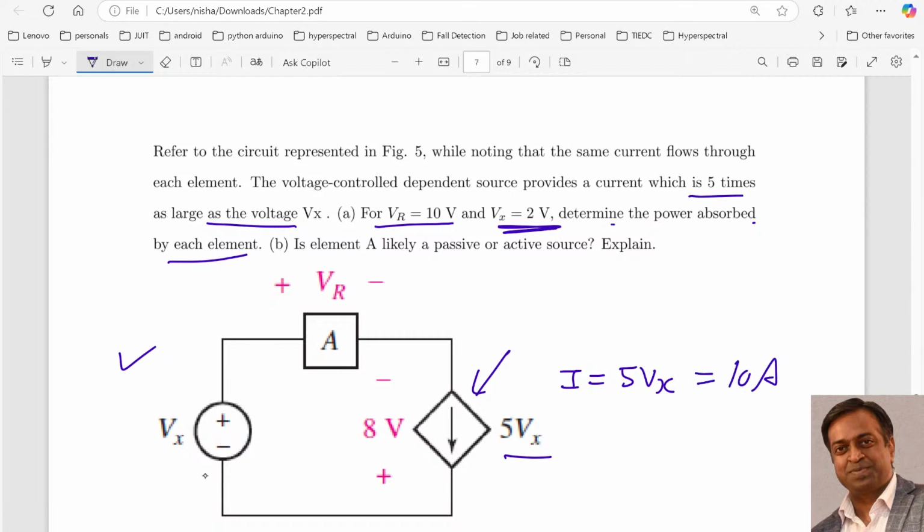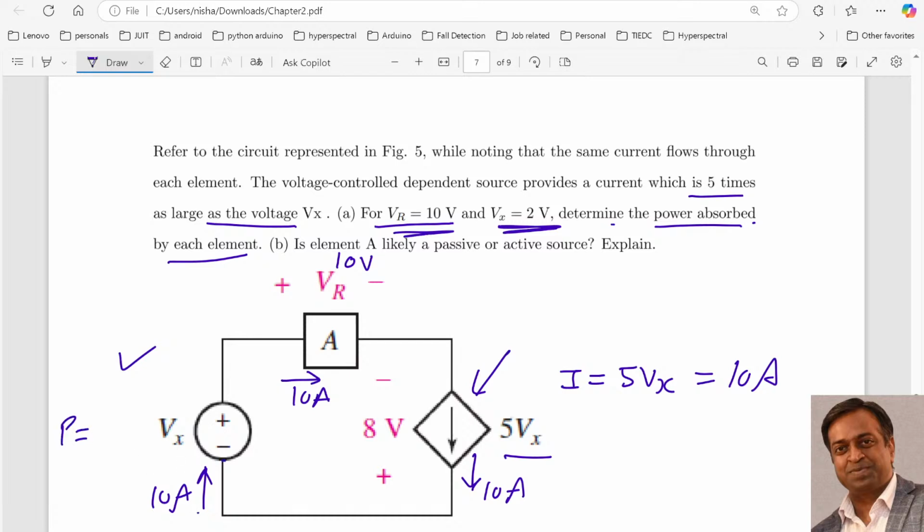And this 10 ampere is flowing in this direction, over here. It is given VR is 10, so VR is 10 volt. Now we need to determine the power absorbed, so we need to check power for this, it will be V into 10.